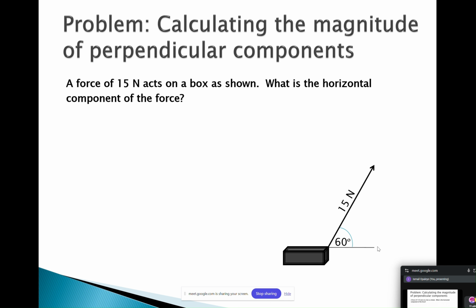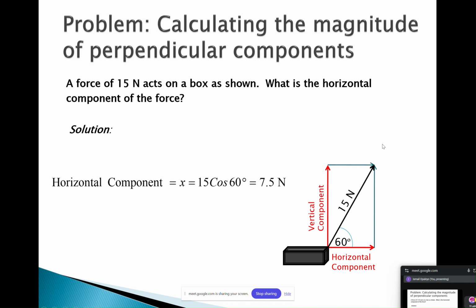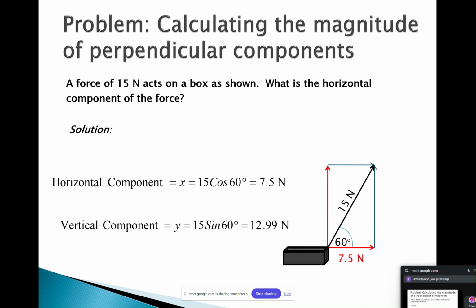Yes, cos 60. 15 cos 60. That's good. So horizontal is 15 cos 60, that's 7.5 Newton. And then your vertical, you have 12.99 Newton, okay?